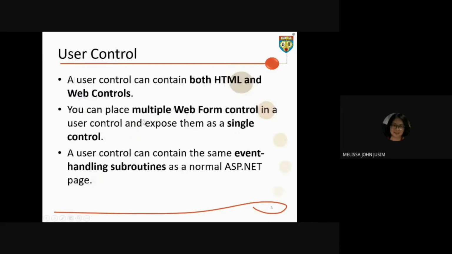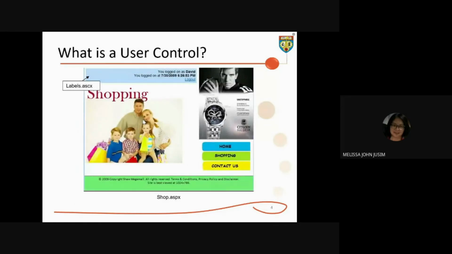Let's go back to the previous slide. Once you have this user control, you can place it within your other existing pages. For example, you have this main page, and then you can add the user control, a label control, to show information about the user. This is a very simple implementation. I'm sure you all can apply this in your assignment.